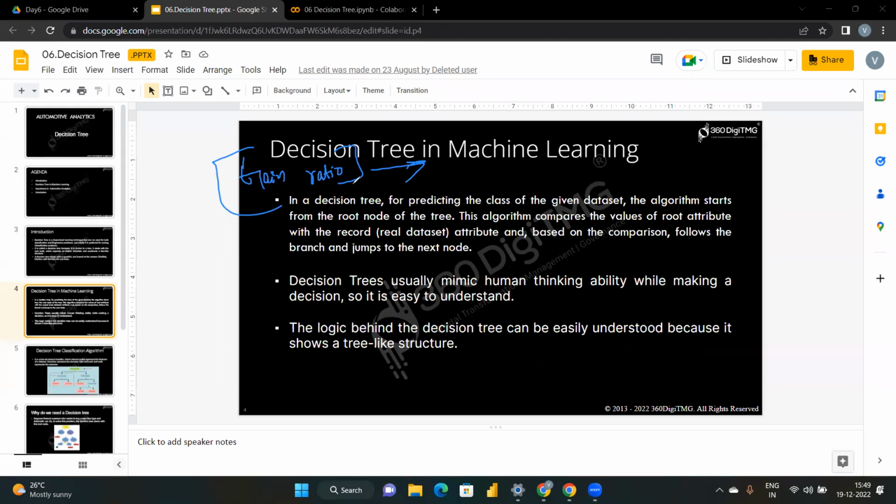Next we'll be seeing how reduction in variance works. Reduction in variance is an algorithm used for continuous target variables.